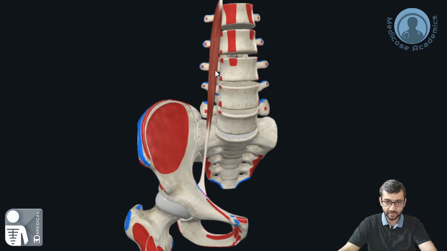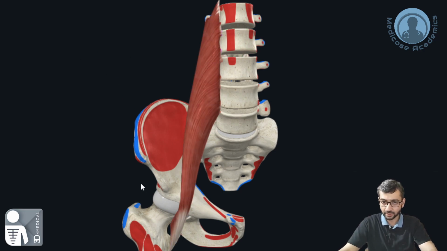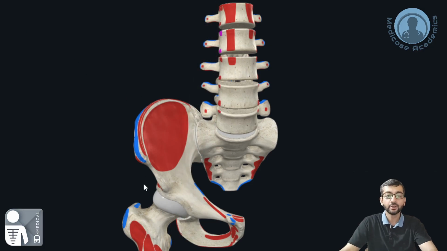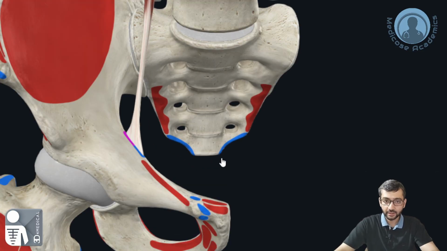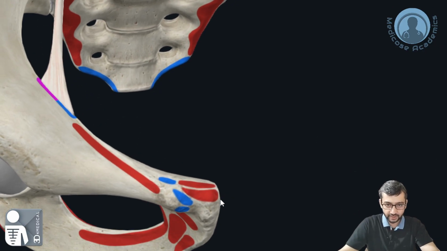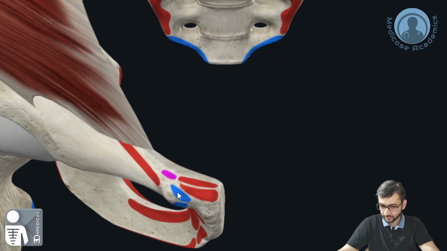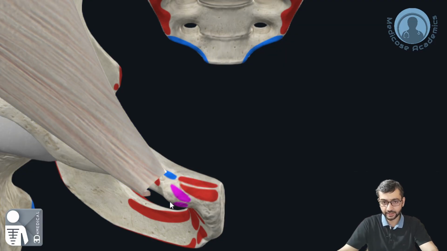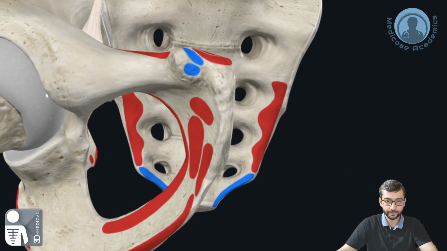We will see psoas major later on, as it originates from here and goes all the way down to the lesser trochanter. So this is psoas minor. These are the muscles that we have done: the pyramidalis, the rectus abdominis, the transversus abdominis through the conjoint tendon, and the external oblique muscle. Then we did the pectineus muscle and psoas minor muscle.